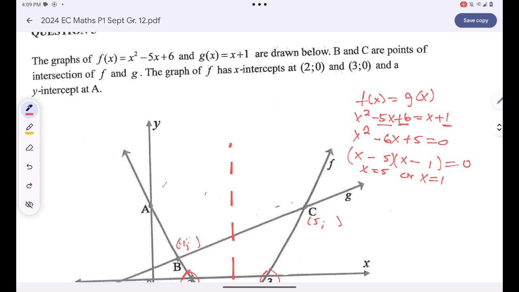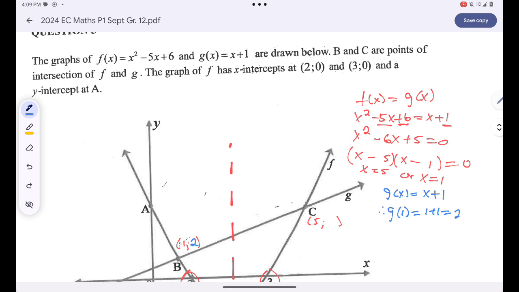All I need to do now is to find the corresponding y values. I can simply use the equation of g(x) to do that. Remember that g(x) is equal to x plus 1. So I want to find the value of y when x is equal to 1. I'll simply say 1 plus 1, and that will give me 2. So when x is 1, the y value is 2.